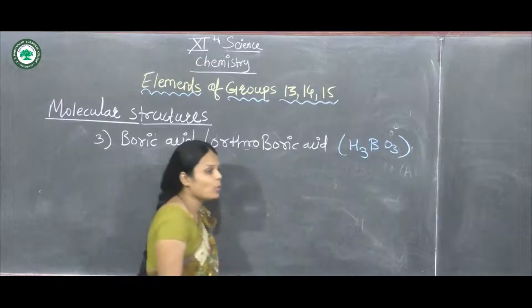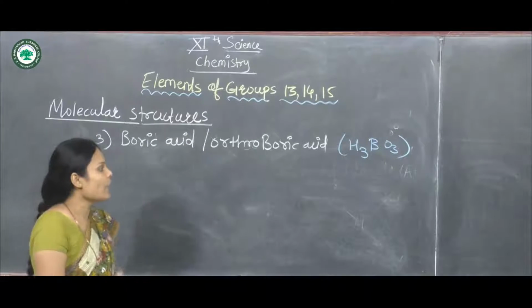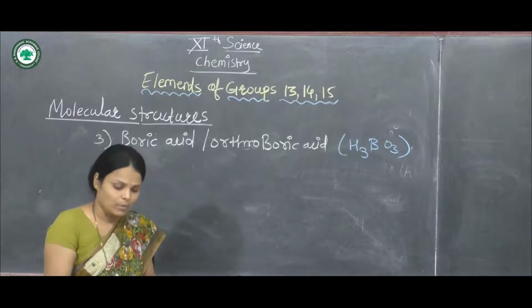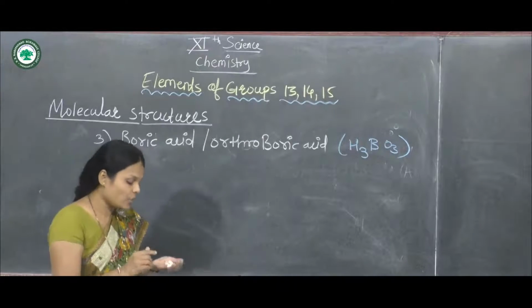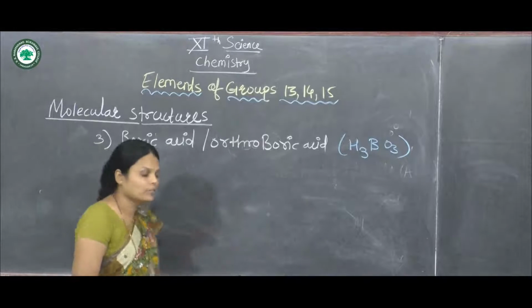In boric acid there are three hydrogen atoms, one boron atom and three oxygen atoms. Now we can draw the structure of boric acid: the central atom is boron.